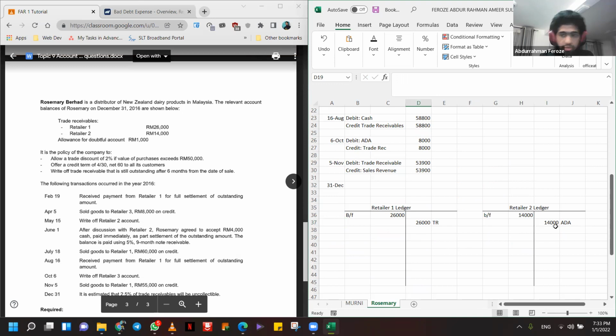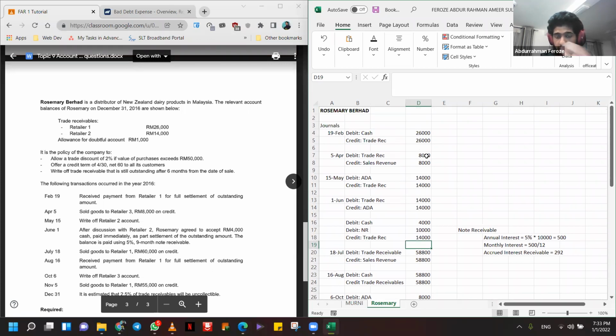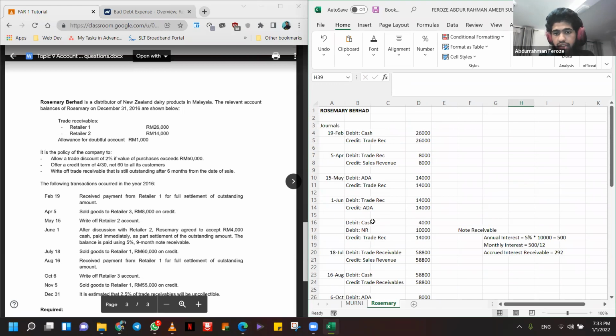Now when they agreed to pay us back, we have to add back the trade receivables. We add this amount back. And now we have to deal with how they decided to pay us.